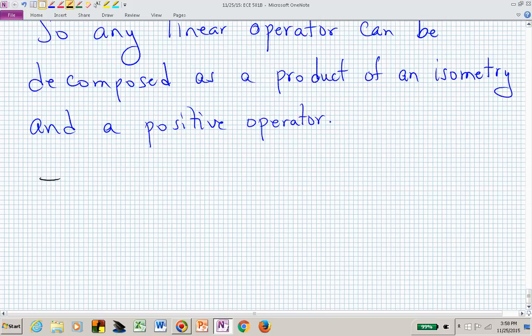And we can understand how these two classes work. We now have separated any linear operator into a factored form where one factor is this positive operator and the other factor is an isometry. We can understand how these two classes of an isometry and a positive operator work.